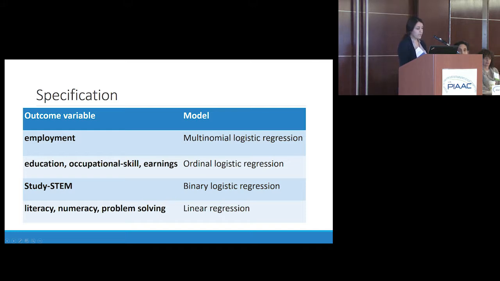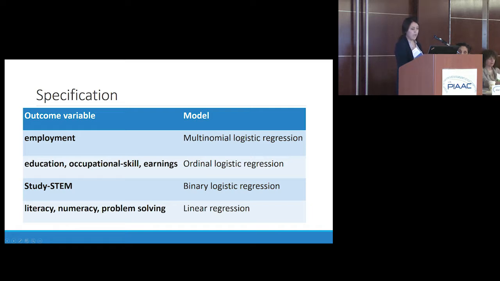Variables such as education, occupational skill, and earnings are ordinal. For example, education changes from less than high school to high school and college, so you can see an ordinal pattern. Occupational skill is unskilled, semi-skilled blue collar, semi-skilled white collar, and skilled occupation. So again, this is ordinal.